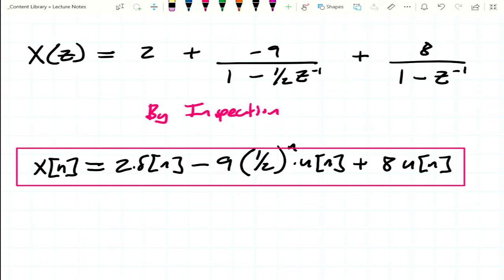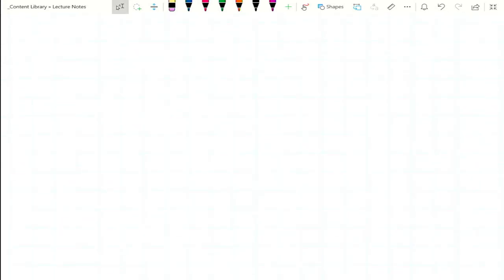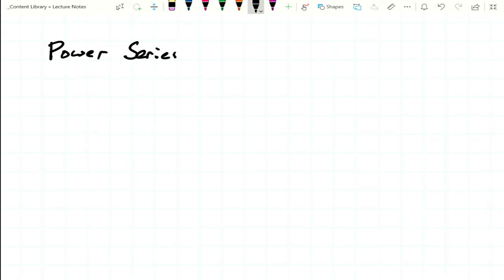All right. Any last questions before we move on to the power series expansion? All right, so that third method for taking the inverse Z transform is power series expansion.